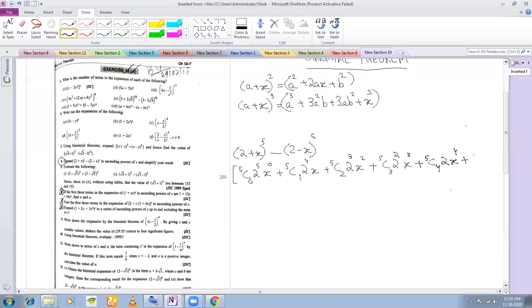And finally, the last term will be 5c5, 2 to the power of 0 into x to the power of 5. This is the expansion only for the first one, that is (2 plus x) to the power of 5. Let's see about (2 minus x) to the power of 5, what the expansion is.